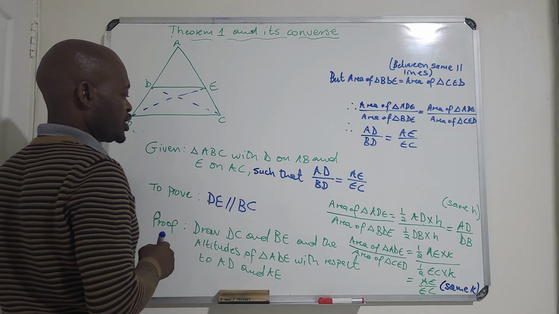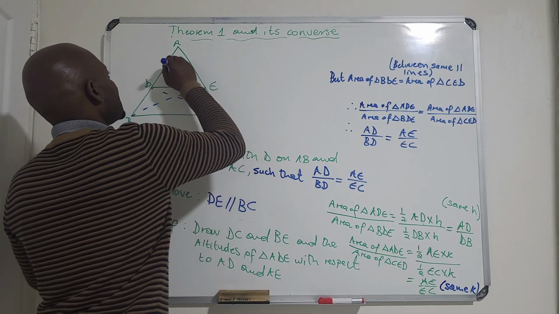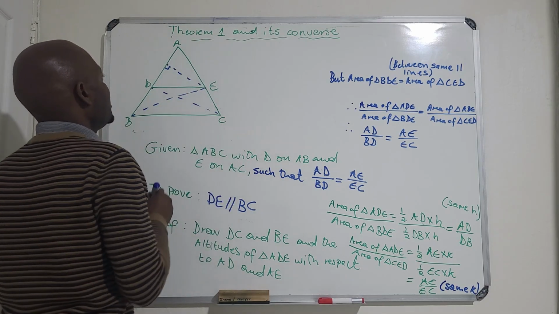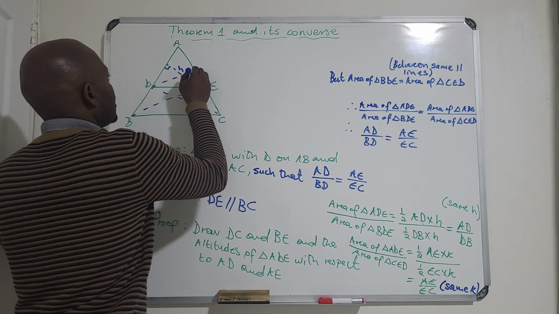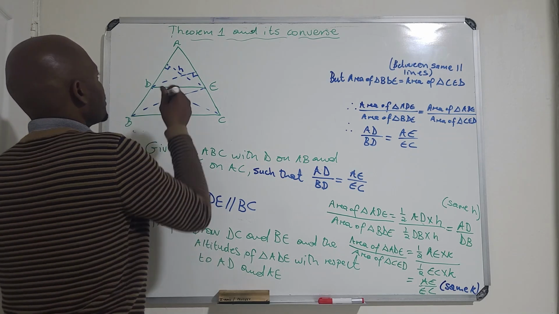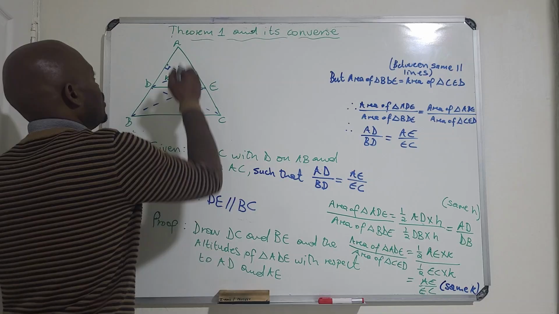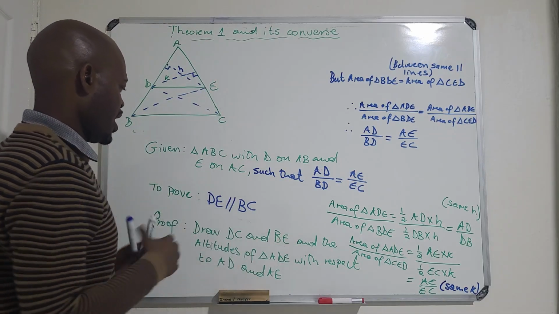We draw the altitude of triangle ADE with respect to AD, which is your H there. We also draw the altitude K with respect to AC. Same thing that we have just done.